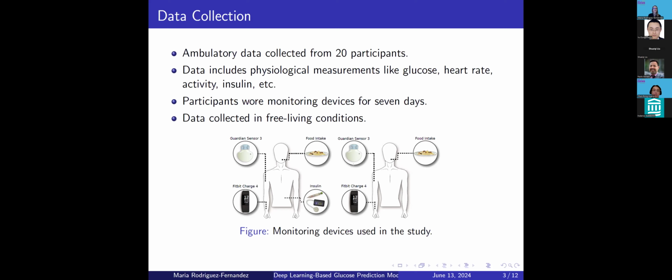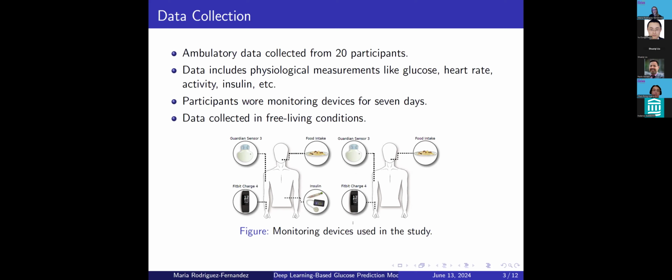So what we did, we took ambulatory data from 20 participants. We tried this data to be as natural as possible, so we didn't ask for any restriction on diet or exercise. We asked the patients to just continue their normal life, and we monitor them. We monitor the glucose, and we monitor the exercise and sleep with this smartwatch.